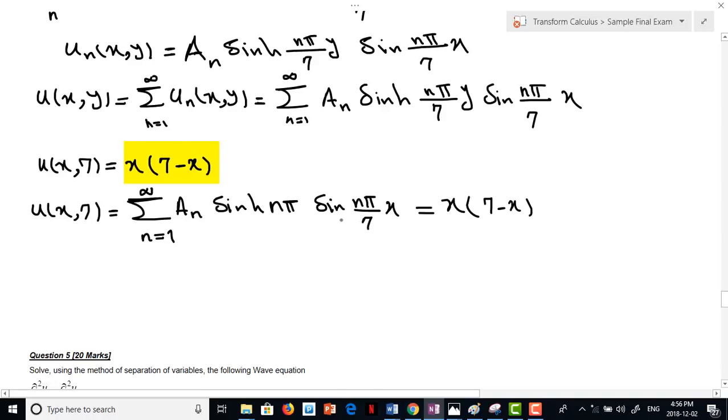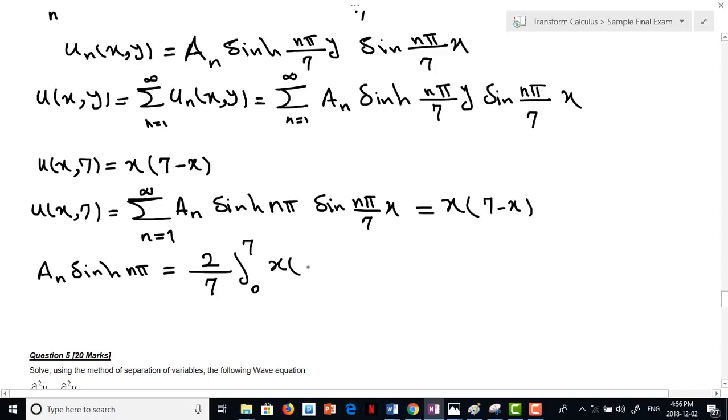So here we have one half range series. As a result, we can say that an times sine hyperbolic n pi is equal to 2 over 7 integral from 0 to 7 times f of x, which here is x times 7 minus x, sine n pi over 7 x dx.